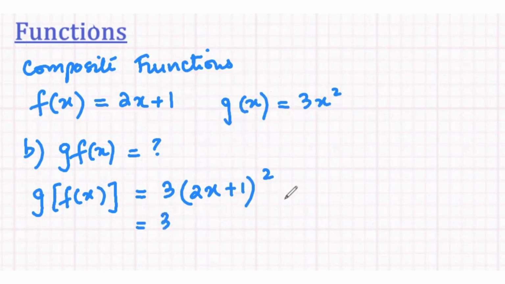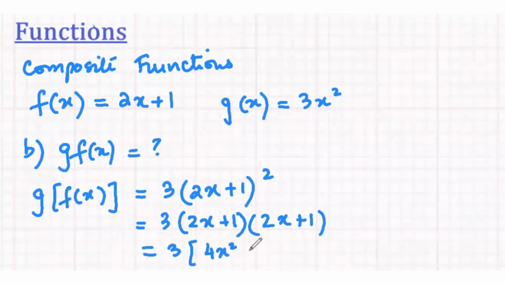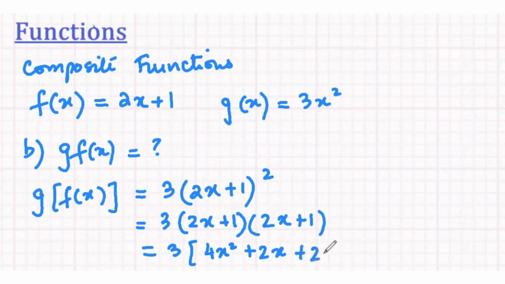So what you will do is you will expand the bracket. So you multiply 2x plus 1 with 2x plus 1 itself, because it's 2x plus 1 whole squared. So that's going to be 3 times: 2x times 2x is 4x squared. 2x times 1 is 2x. When you multiply 1 with 2x, that's 2x. And 1 with 1, that's 1.